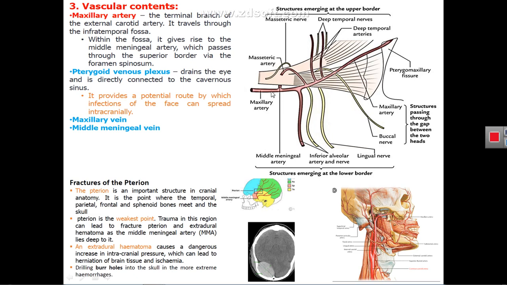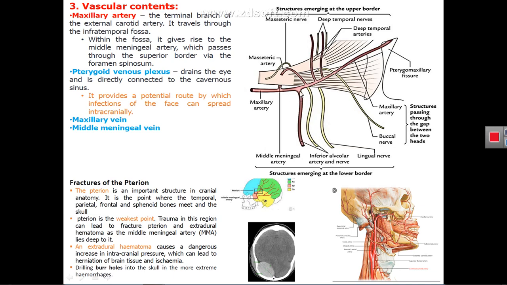Regarding the branches of the maxillary artery, these should also be described in regard to its parts. The first part, between the origin and the lower border of the lateral pterygoid, gives the middle meningeal artery, which passes through the foramen spinosum into the cranial cavity, supplying the middle cranial fossa.